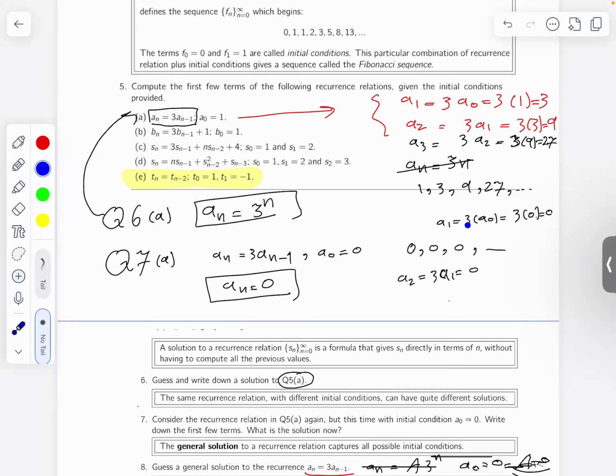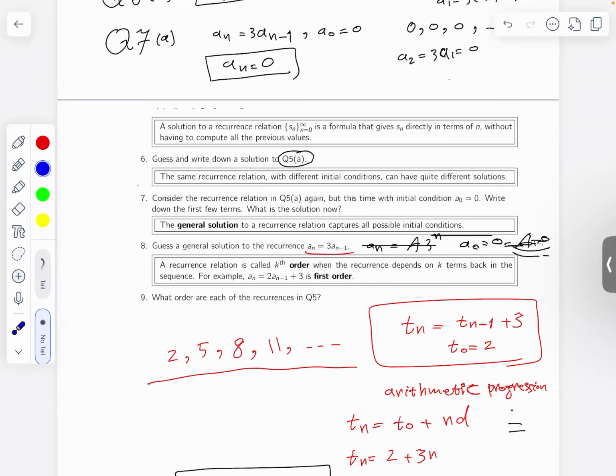A1 will be 3 times a0. Use the formula: 3 times a0, which is 0 because it changed from 1 to 0, so 3 times 0 is 0. A2 will be 3 times A1, 3 times 0, which is 0. A3 as well will be 0. So the sequence will be 0, 0, 0, which is quite different from An being equal to 3 power n.